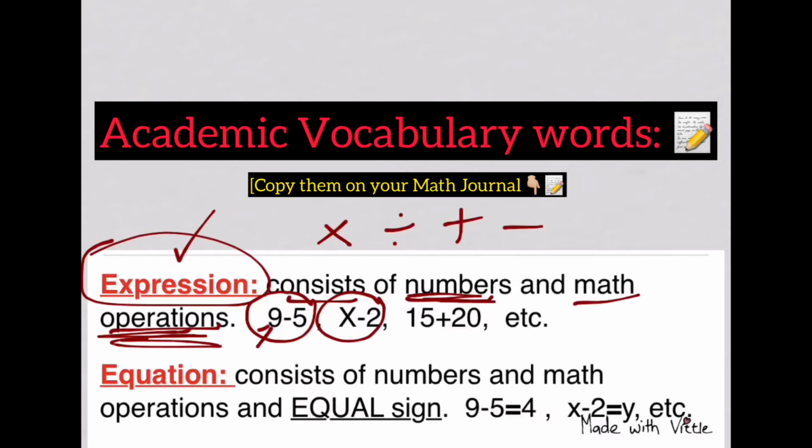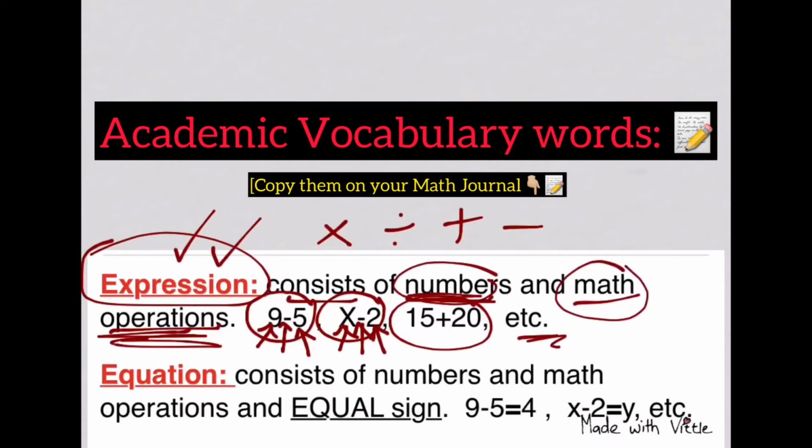So we have the numbers and we have the operation, subtraction. The x is a variable that represents a missing number, and the 2 is a constant, so it's a number, and you have the math operation in between. Therefore, that is another example of an expression. Also, 15 plus 20. And there are a lot more examples of expressions. Anything that has numbers and math operations will be called an expression.